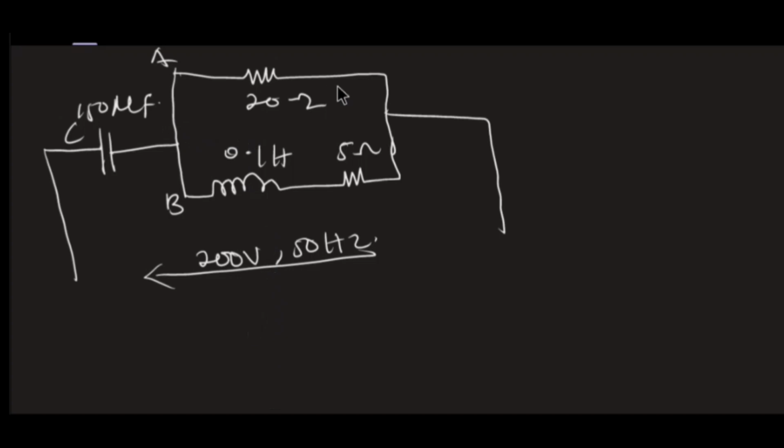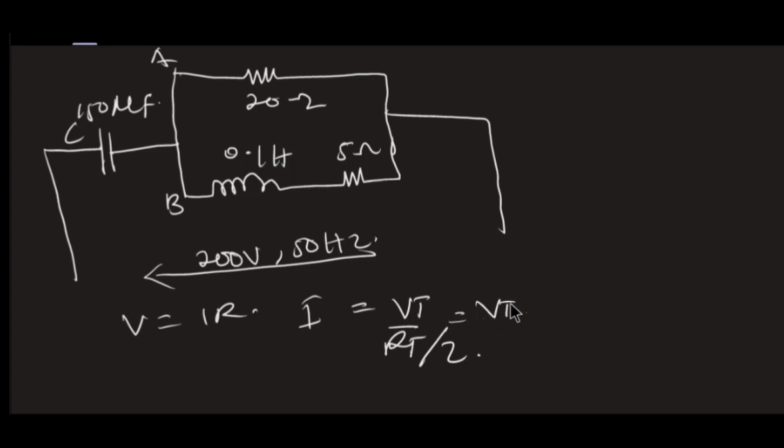So I have this branch A, branch B, branch C, and this is my supply voltage, 200 volts, 50 hertz, that is frequency. So I am to find the current in each branch. You know from direct current that V is equal to IR, right? To find my current in each branch, I need my total voltage, and I need my total resistance now, which is impedance.